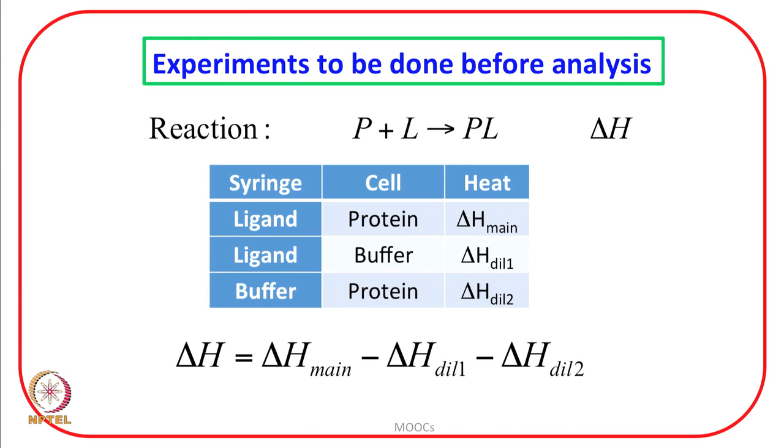Therefore, this delta H, which is associated with protein plus ligand forming PL, will be delta H main minus delta H dilution 1 minus delta H dilution 2. That is, we need to do these 1, 2, 3 experiments in order to get the value of delta H.